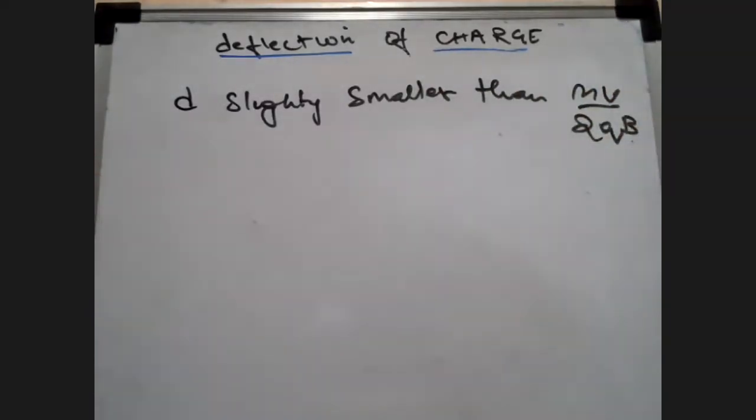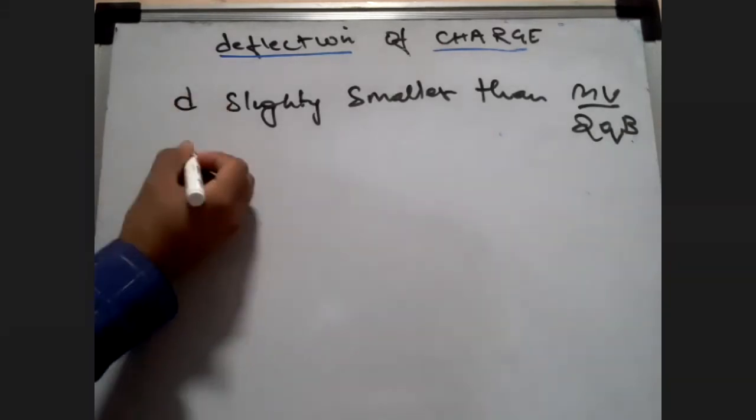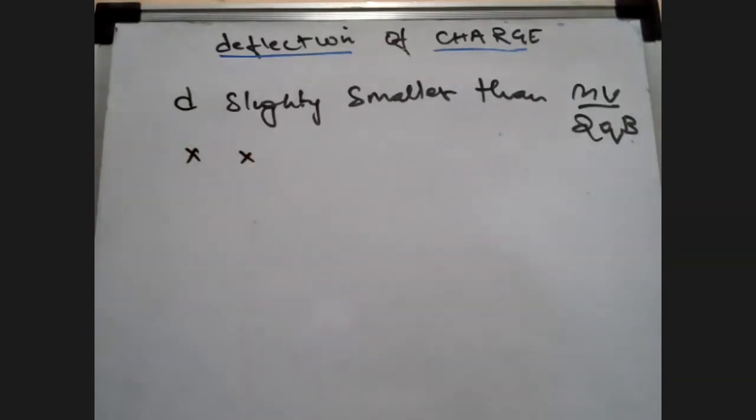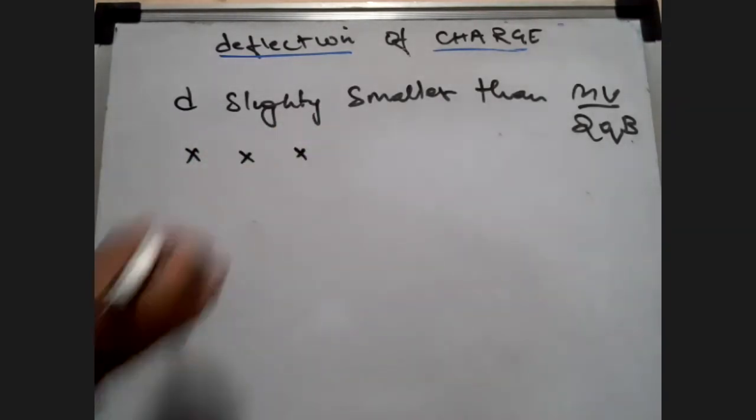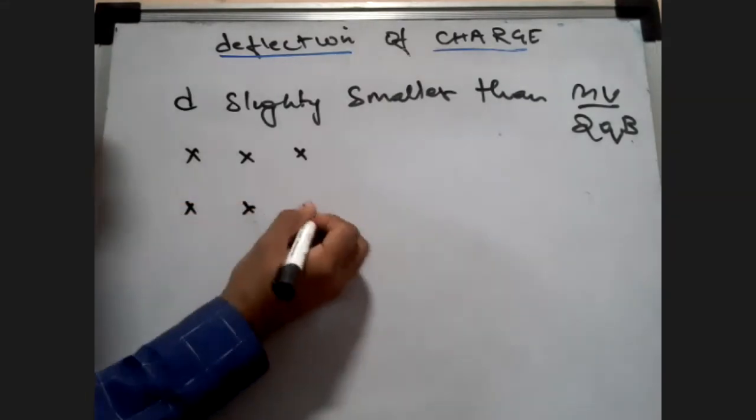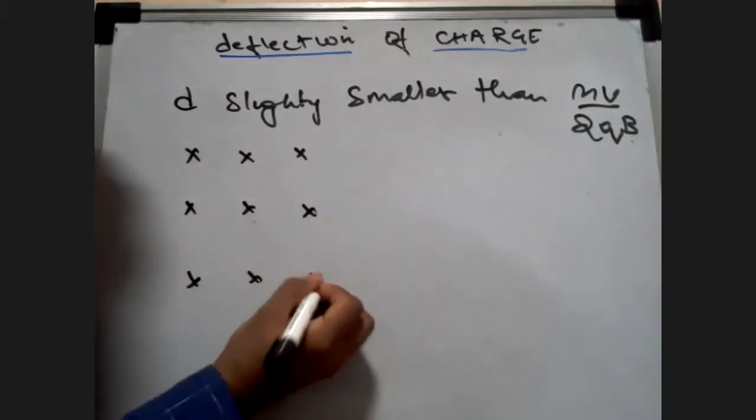Please solve this. So I will start anyway. Look here. 30 degree. Someone said 30 degree. Right, correct. Okay. So first draw the region of the magnetic field, you can draw it like this.